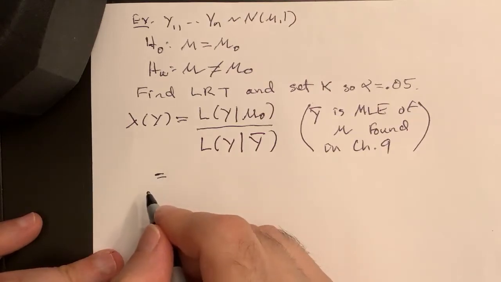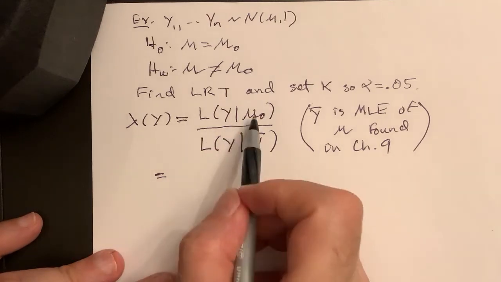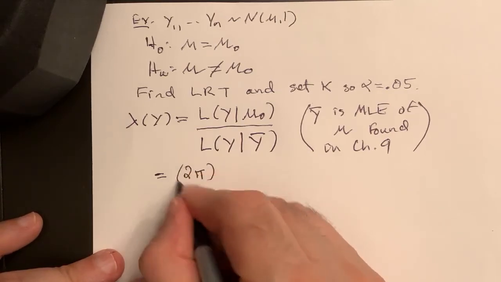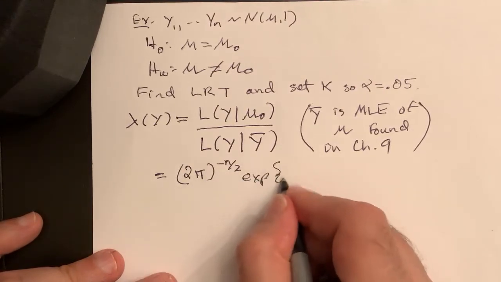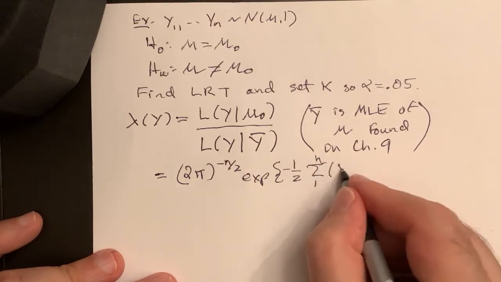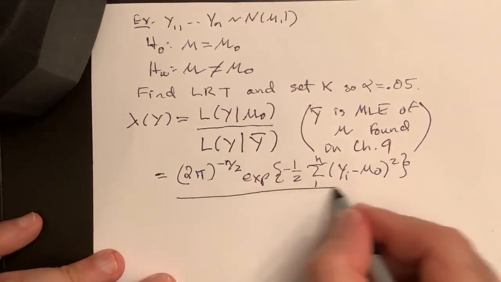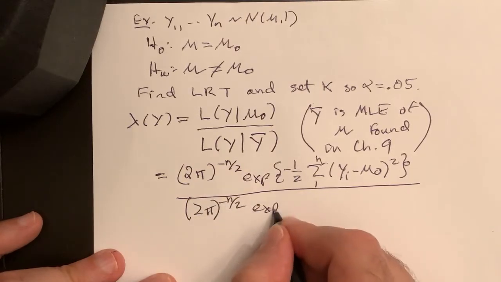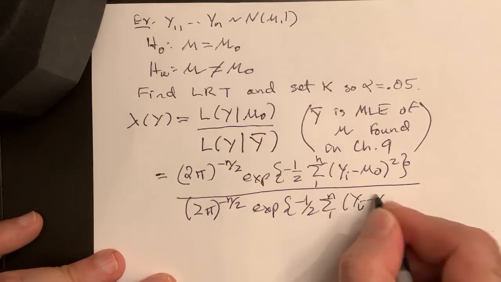Okay, so let's write out the likelihood function. So I have n of these, so it's the product of the PDFs now, evaluated at these mu's here. So I get 2 pi, remember sigma's 1, so to the minus n over 2, times the exponential of minus 1/2 sum 1 to n of yi minus mu 0 squared, divided by 2 pi to the minus n over 2 exp minus half sum 1 to n of yi minus y bar squared.